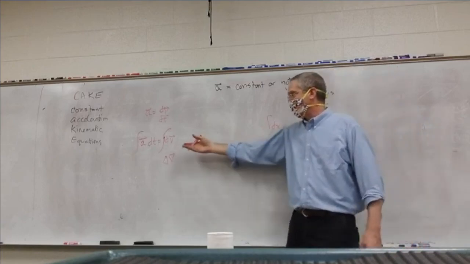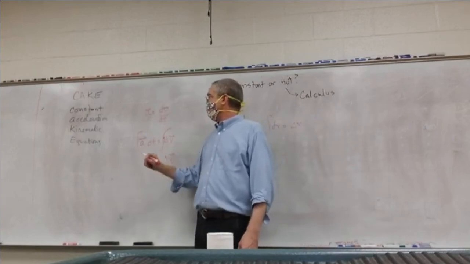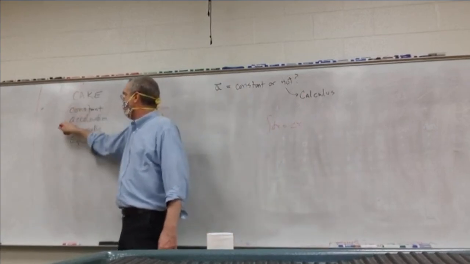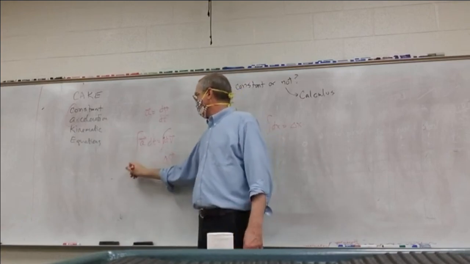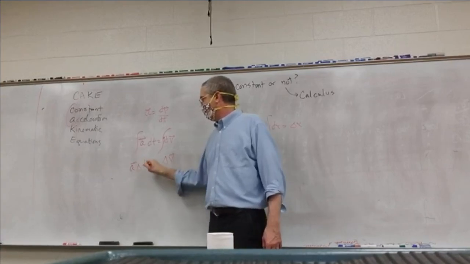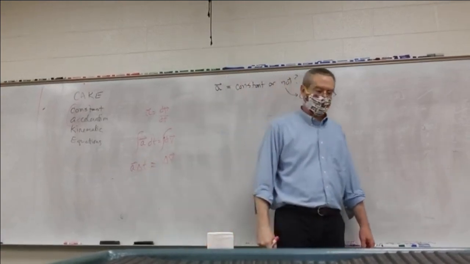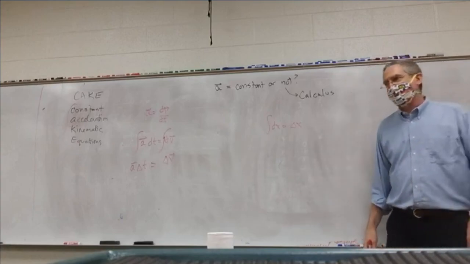You go from some initial velocity to some final velocity, it's just a change. Acceleration is a constant because that's what we're working with here, constant acceleration. So constants I don't need to worry about. And so this just becomes acceleration times change in time. Now we can do better than that.